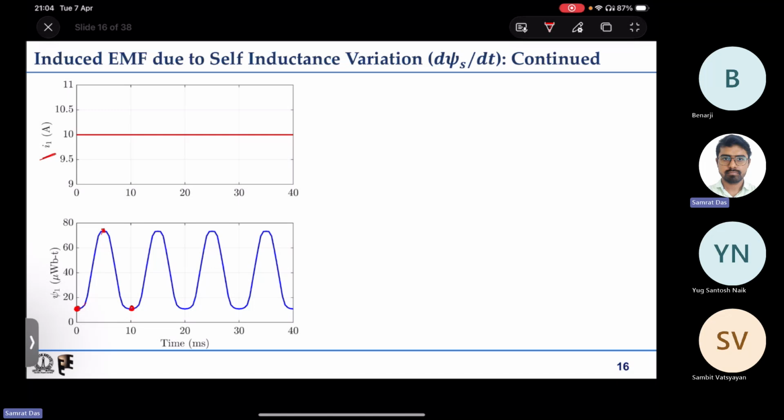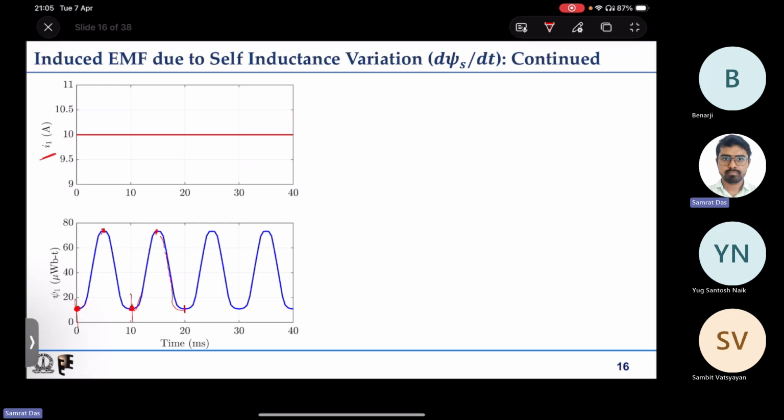This is a periodic quantity, so the duration after which it repeats, that we call one period. So one period is 10 milliseconds in this case, but the rotor has rotated only by 90 degrees. Then again in the next 90 degrees it increases, reaches peak, and comes back.